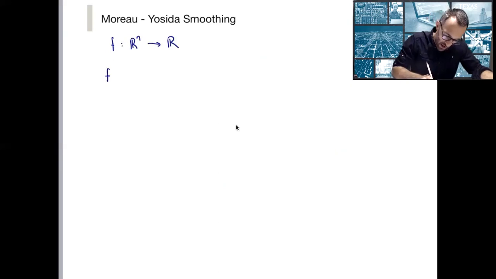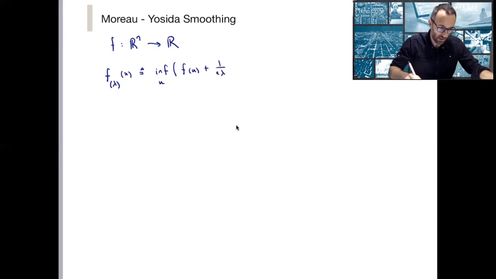And note the notation: f subscript lambda of x is defined as the infimum over u of f of u plus 1 over 2 lambda times norm of u minus x squared. And this is sometimes called Moreau-Yosida regularization. And you'll note that this is exactly equal to what we had defined as infimal convolution.